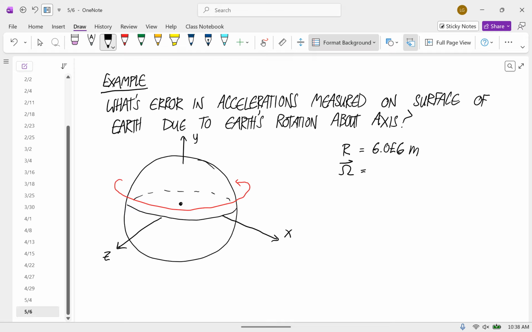So in radians per second, it's going to be very small. You can see the way I have it drawn, the axis of rotation is the positive y direction based on the right-hand rule. And so this is equal to 0, positive 7 times 10 to the minus 5, 0 in radians per second.